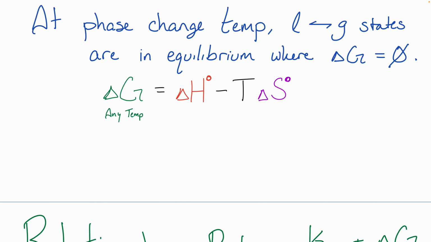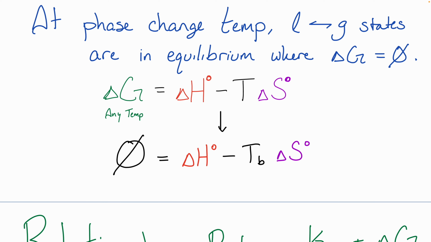And if we plug in our boiling temperature here, where we have delta H naught minus that boiling point, which I'm going to label TB, times delta S naught, well, if I'm at that boiling point, at that phase change temperature, then my delta G is simply equal to 0.